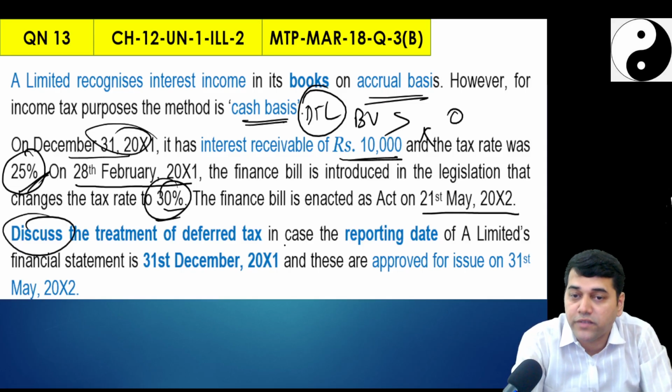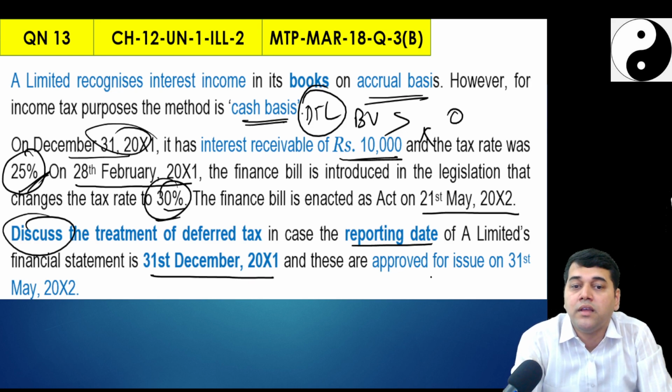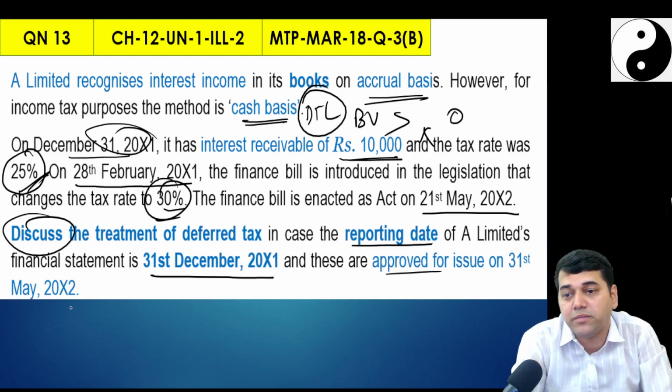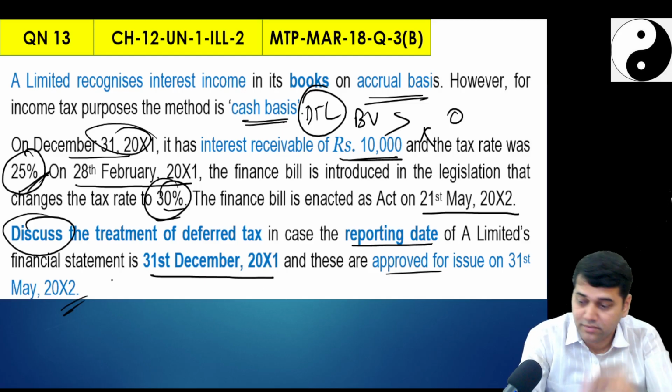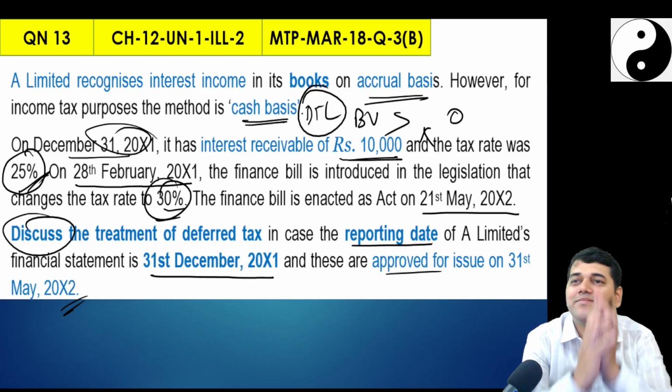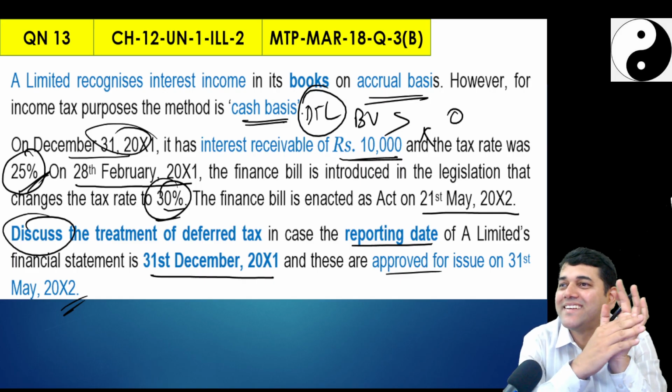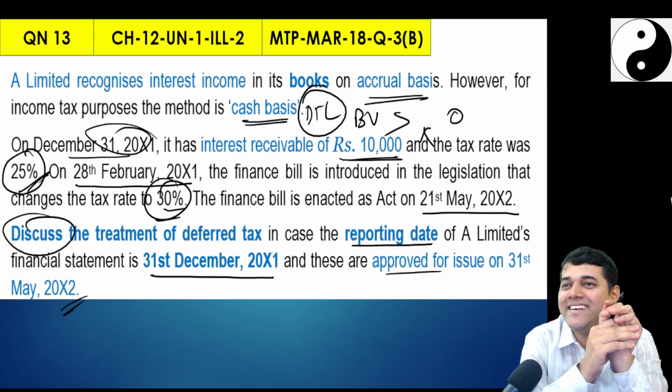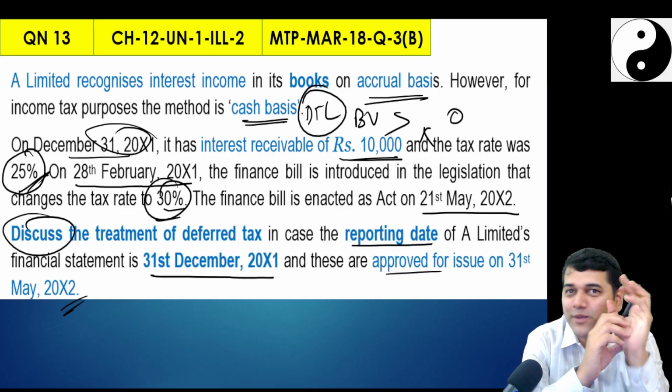Discuss the treatment of deferred tax in case the reporting date of A Limited is 31st December and it approved the financial statements on 31st May. Now you have to remember what I discussed.